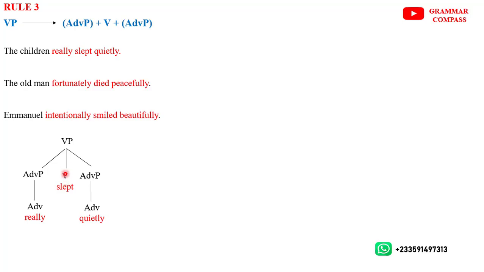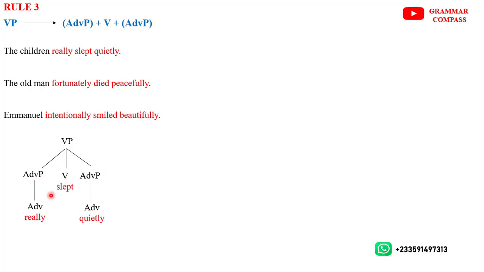In the verb phrase, the verb is the head. So the other words that come with the head are either modifying or qualifying the verb. Therefore, they must be phrases and they must not be heads. That is why we first write adverb phrase instead of writing adverb. You will need to write a phrase because it is the phrase that is a sister to the head word.